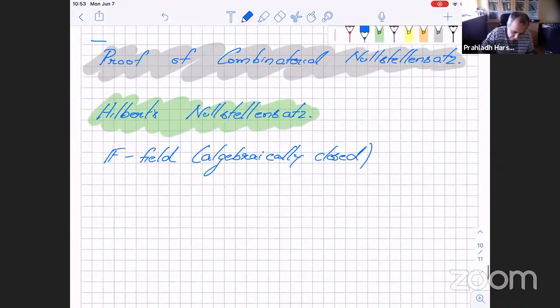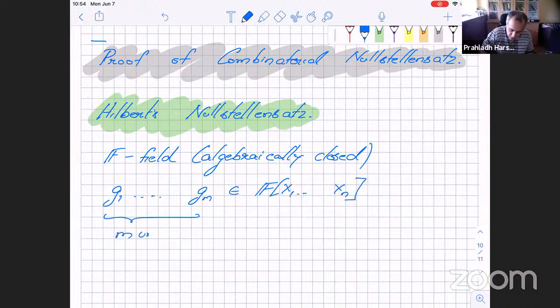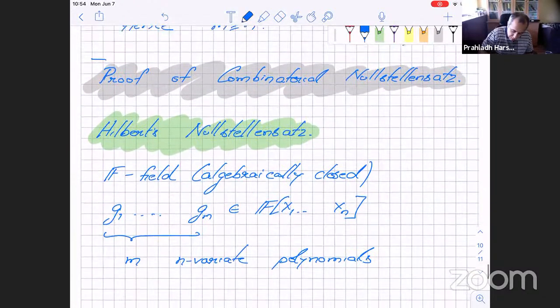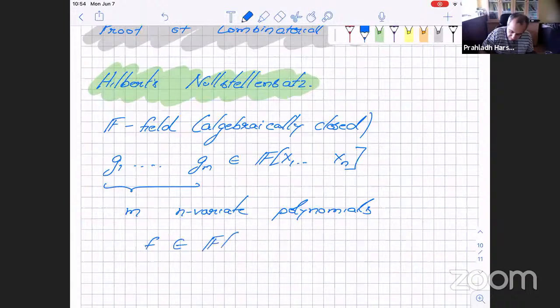And let g1, g2, ..., gm be polynomials over n variables. So these are m n-variate polynomials, and you also have another polynomial f.